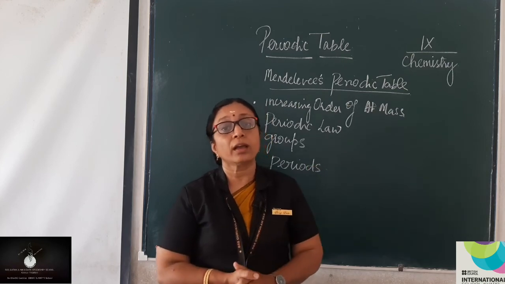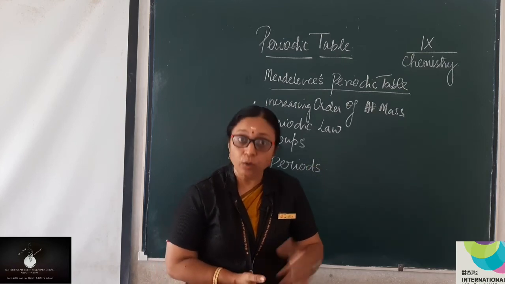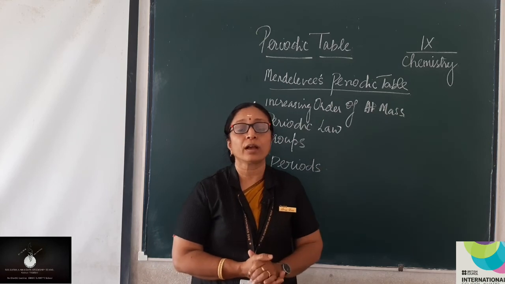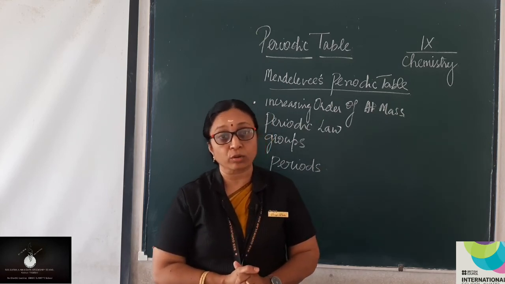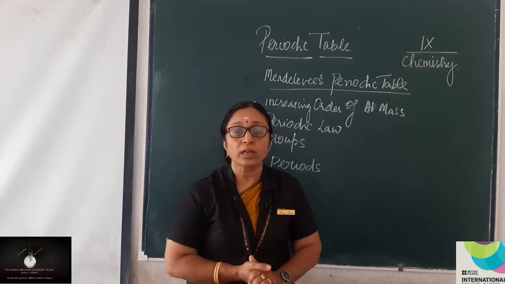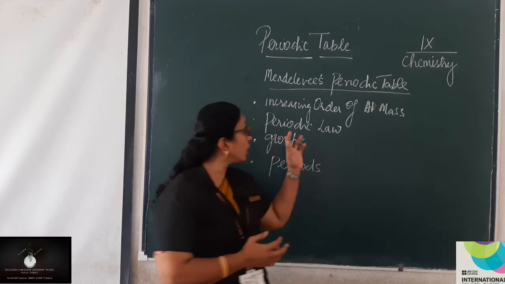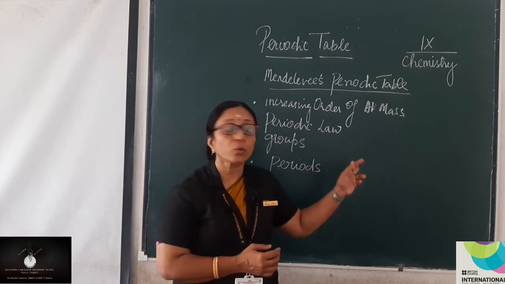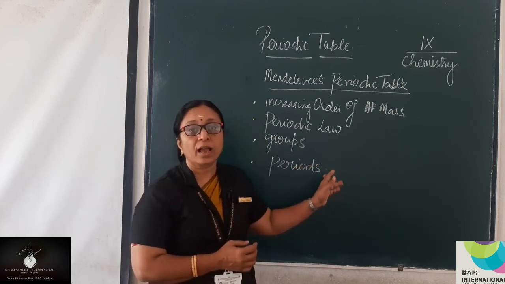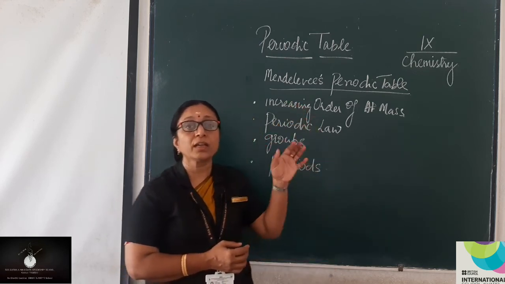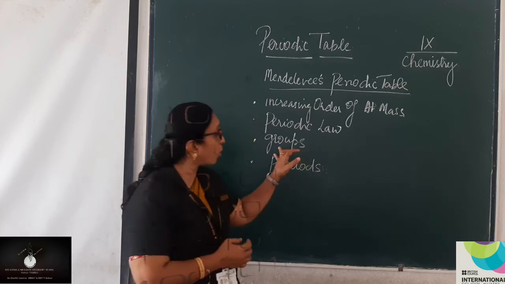He arranged the elements according to their increasing order of atomic masses. Based on that, he proposed a law called Mendeleev's periodic law. Horizontal rows are called periods, and there were 8 vertical columns, called groups.